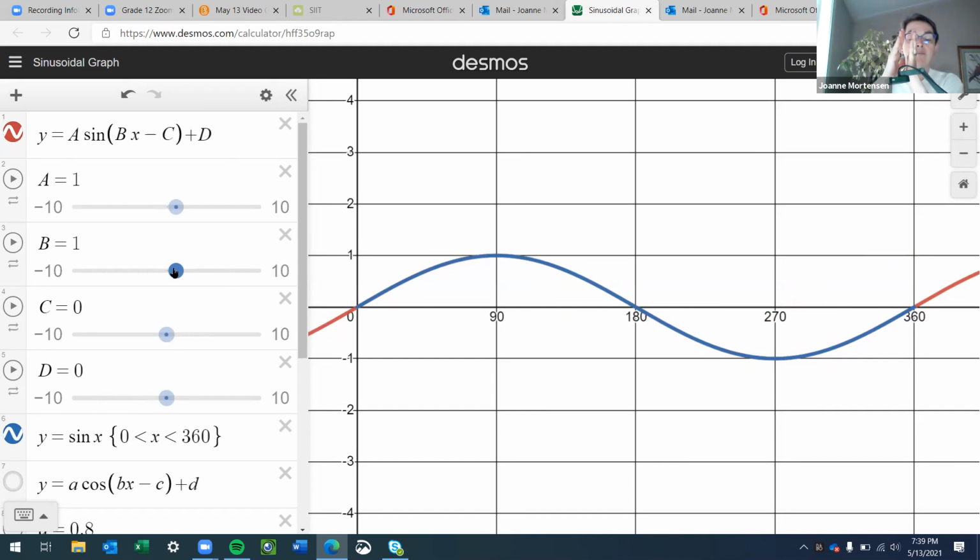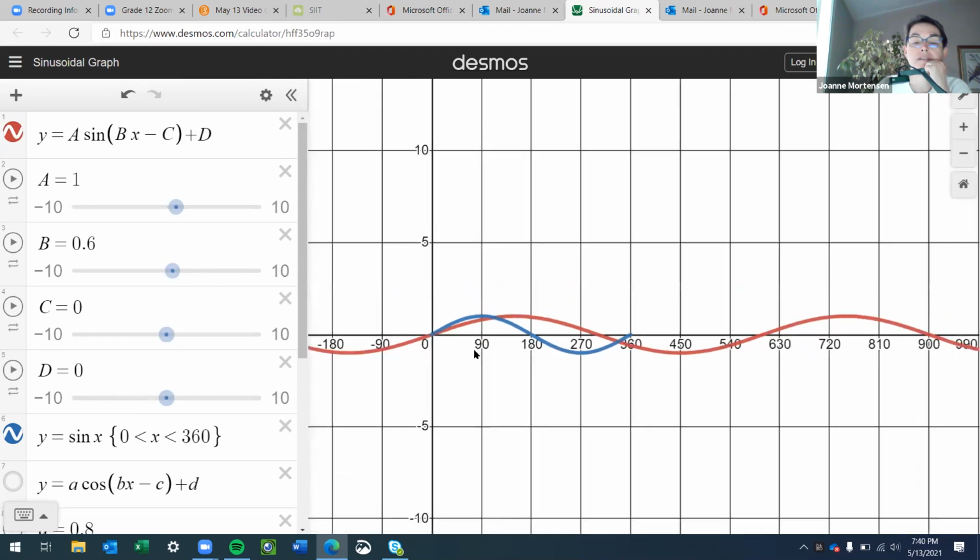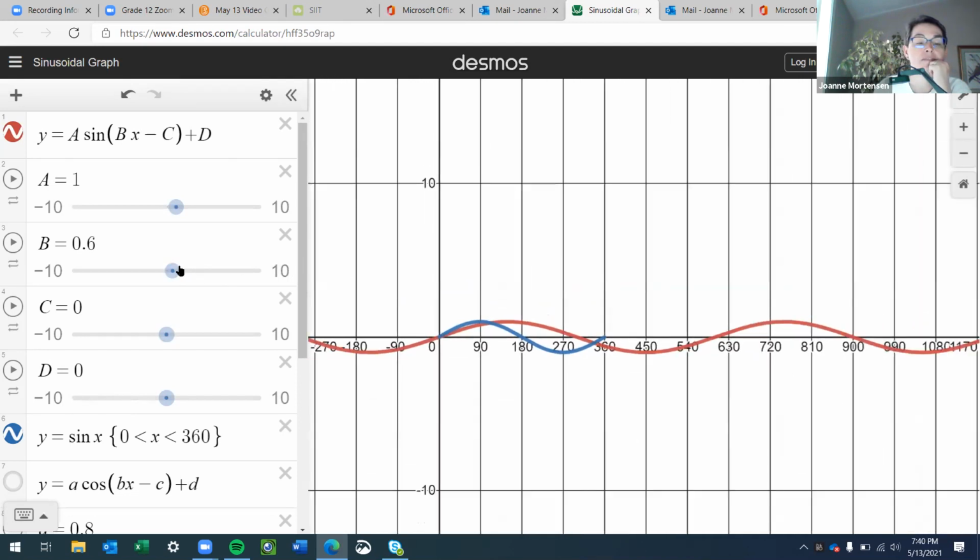So if my number gets smaller, my graph should do the opposite. It should expand. All right, now that's hard to see. Let me just zoom out. That should be enough. Okay. I'm going to go back to 1, all matchy-matchy, and see one cycle.